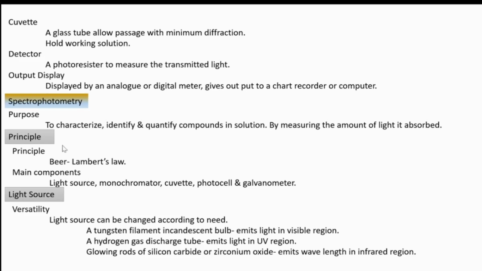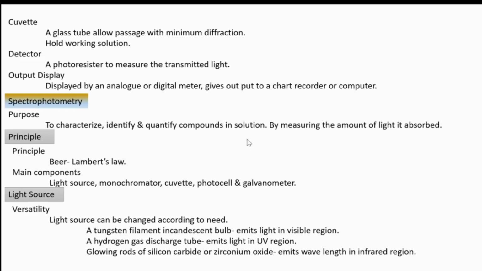The main components of spectrophotometry are a light source, then a monochromator that we will learn in this section, and a cuvette. Cuvette, we know, is the glass test tube-like part of the instrument to contain the solution that we need to test.